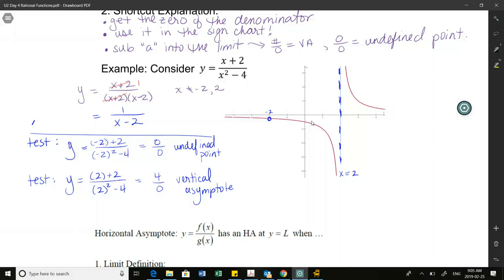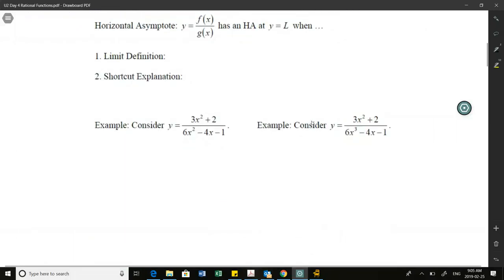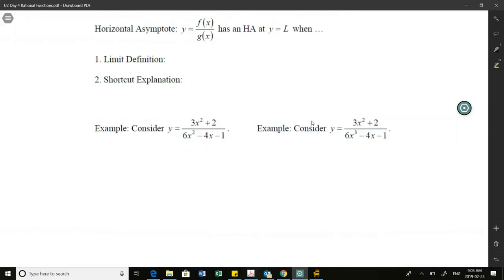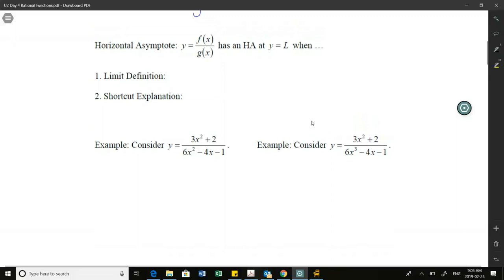Any questions before we move to horizontal? Okay, let's go over to horizontal. So I'm going to explain this with the limit definition.